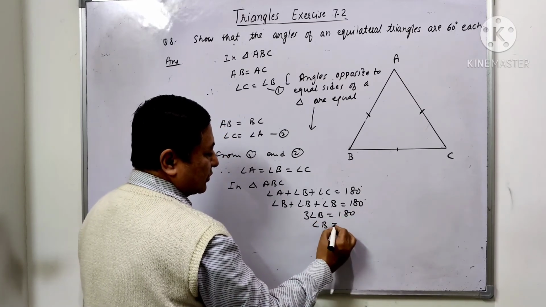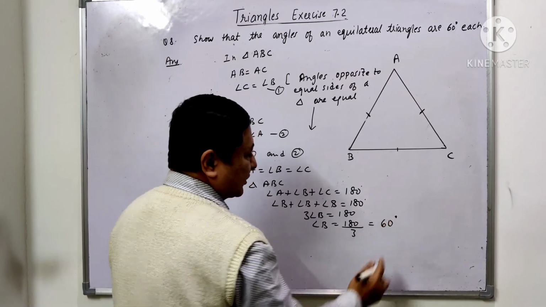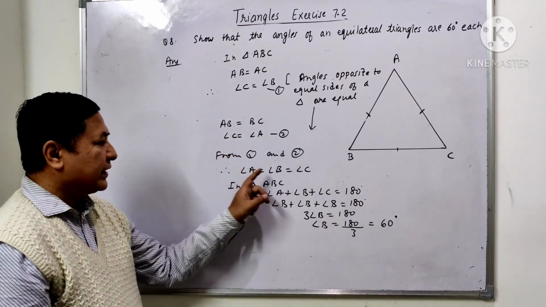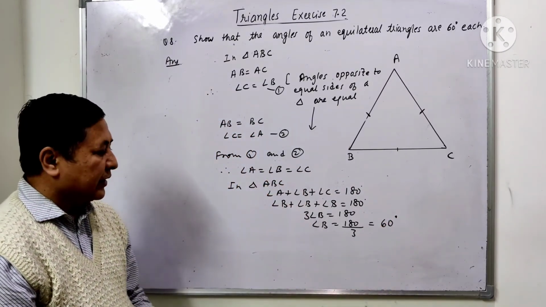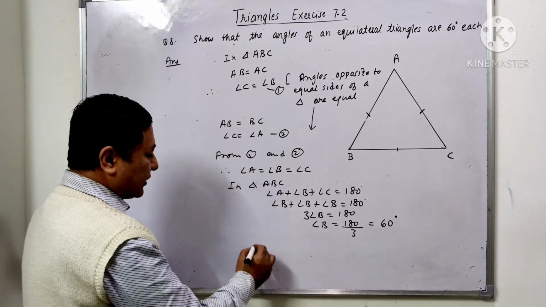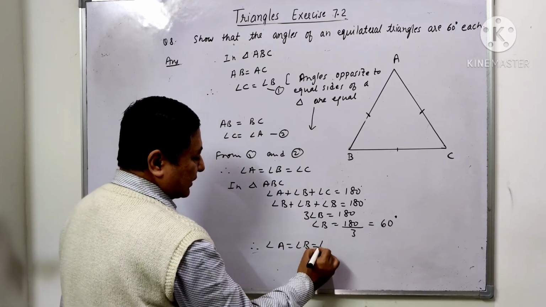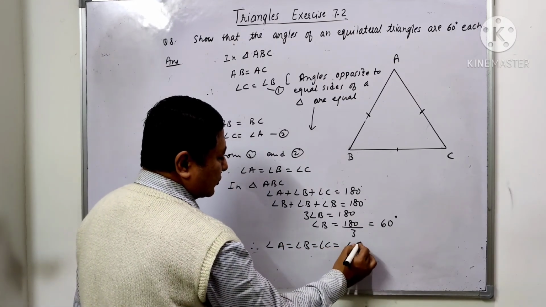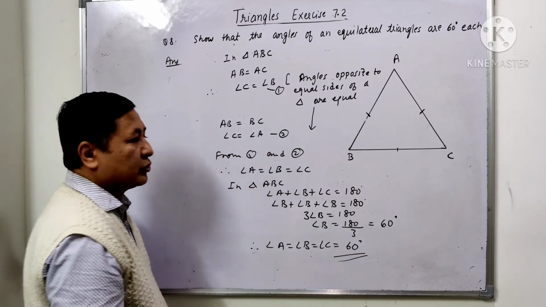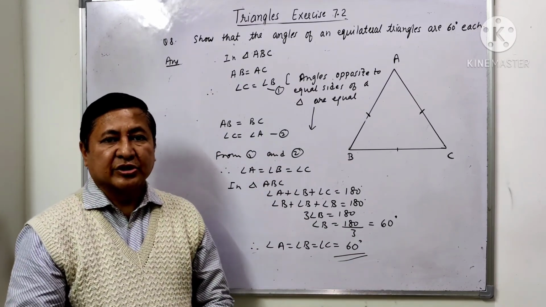So angle B will be equal to 180 upon 3, which is 60 degrees. Now we know that angle A, angle B and angle C are equal, and angle B we have calculated to be 60 degrees. So all the angles, angle A, angle B and angle C, will be equal to 60 degrees. So we have proved that the angles of an equilateral triangle are 60 degrees each.